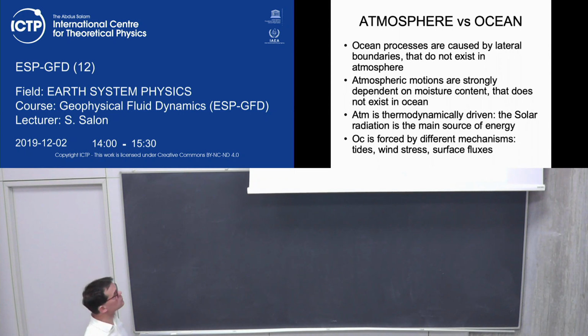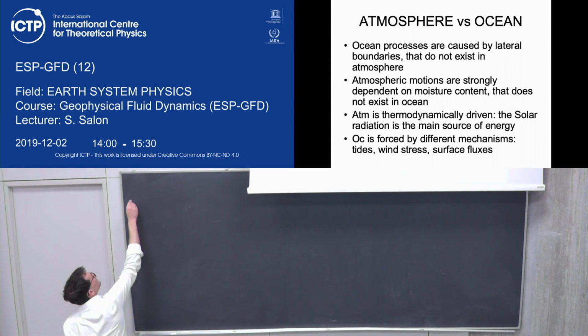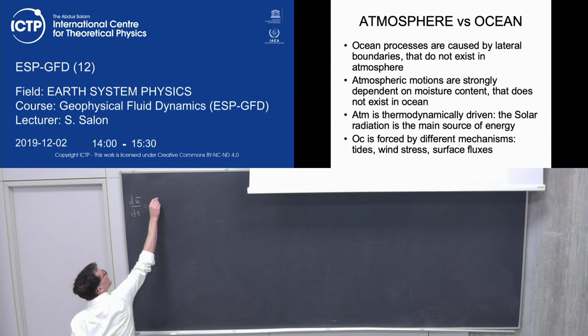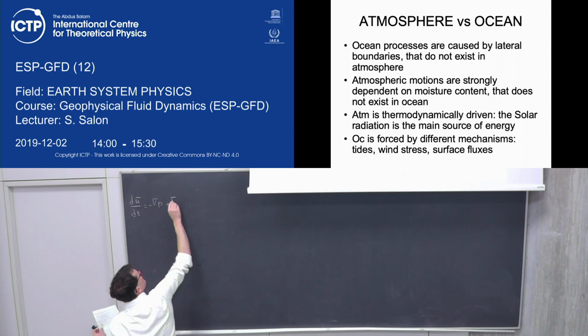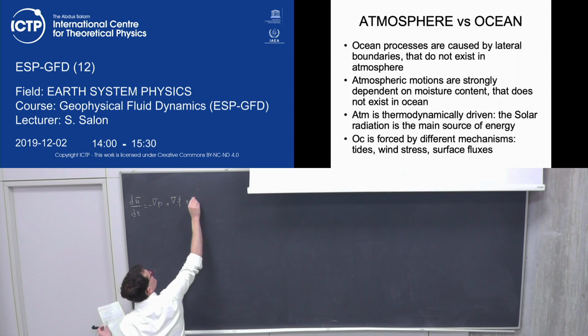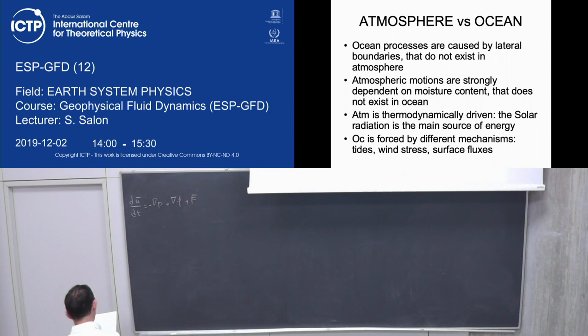So we have to transform our equation, the Navier-Stokes equation, into a reference system which is rotating. Okay. So when we have something like this, we know that our equation we can simply write like here.